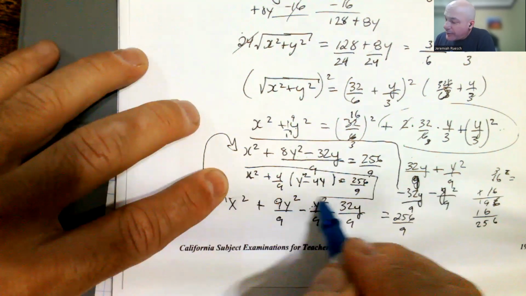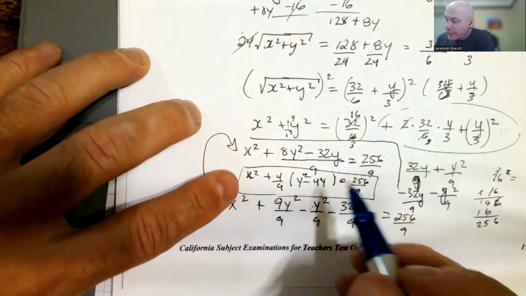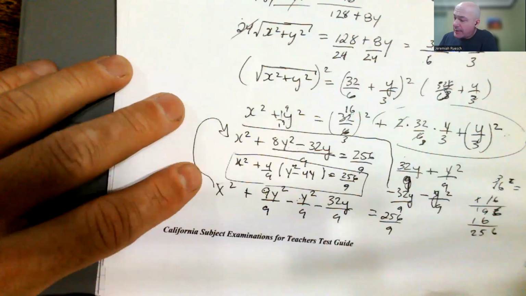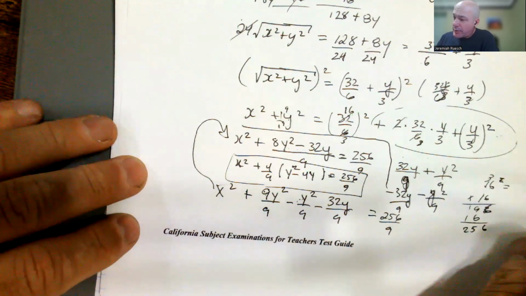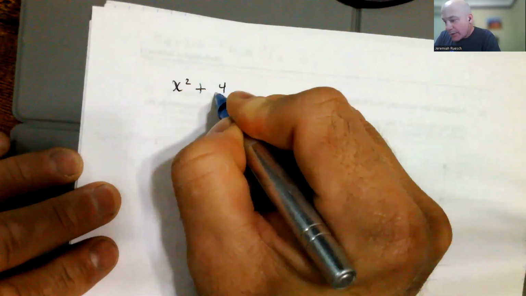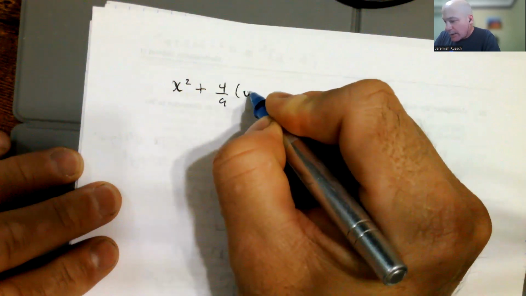So this is almost in the right form now that we can put it into something useful. So I'm going to take this and write it on the back side over here. And so I have x squared plus 4/9, y.